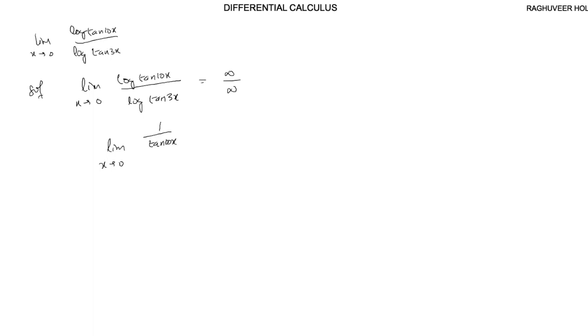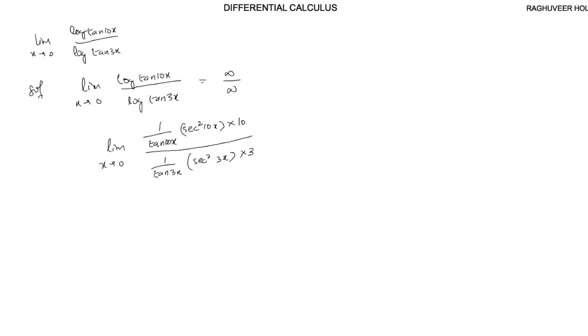So again, by using L'Hopital's rule here, limit x tends to 0, log of this becomes 1 by tan x, and the derivative of tan x is secant square x, right, so this is multiplied by 1.